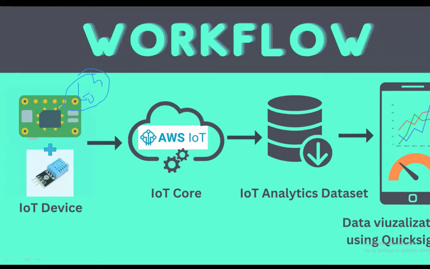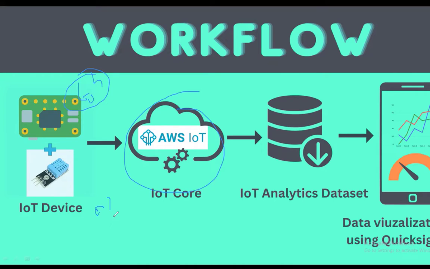After that, we will be sending this data from the Raspberry Pi to AWS IoT Core. In Amazon Web Services, there is a service called IoT Core. This IoT Core is to collect data from IoT devices or gateways.